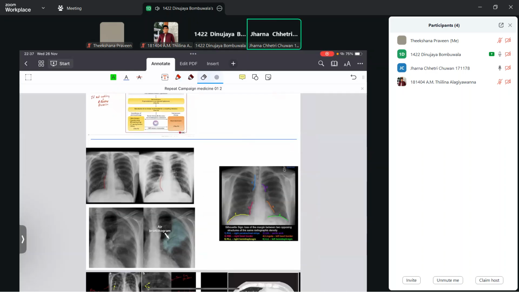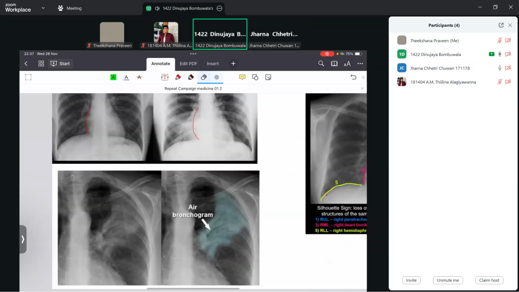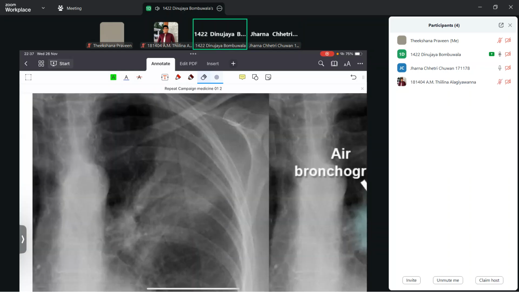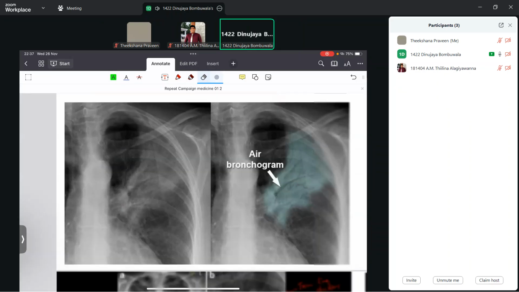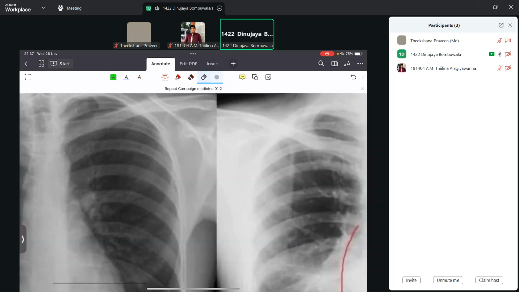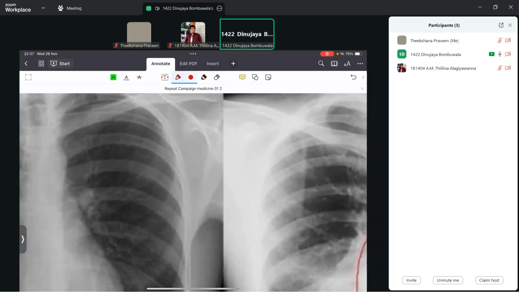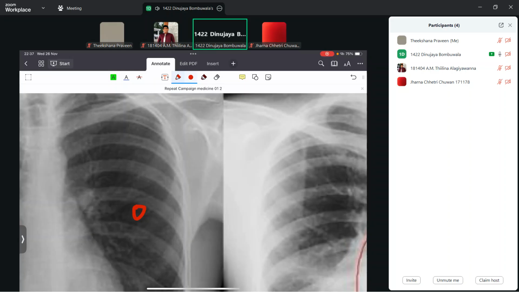Next, air bronchogram. You can see in this one, the lung should usually be like this. There are dark areas and white vascular markings. This dark area is mainly created by the alveoli which are filled with air.